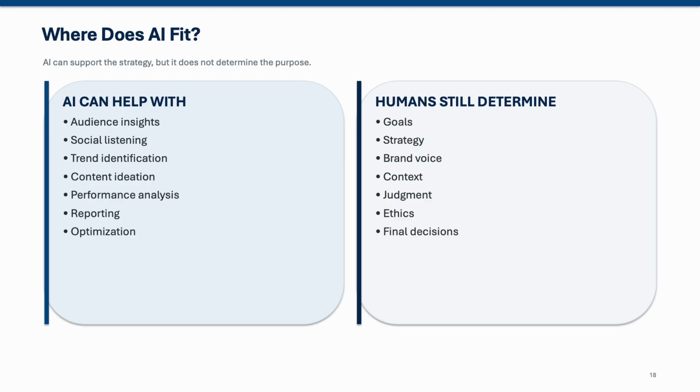But AI doesn't determine the organization's purpose. Humans still need to establish the goals, develop strategy, understand context, protect the brand voice, exercise their judgment, and consider ethical implications. So think of AI as a tool that can support strategy, not a replacement for it.